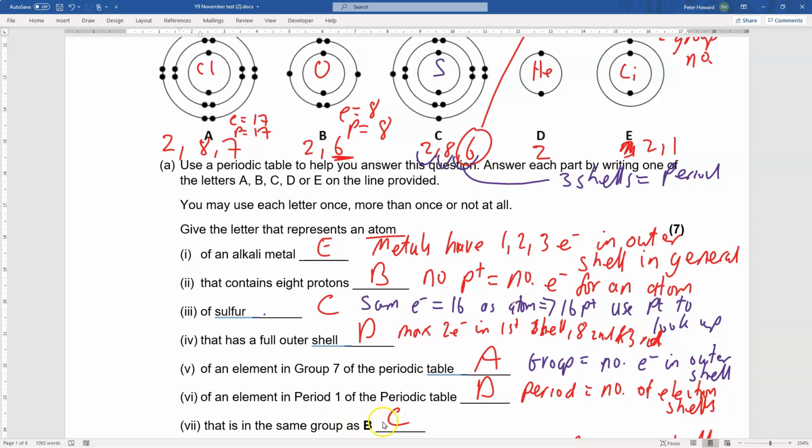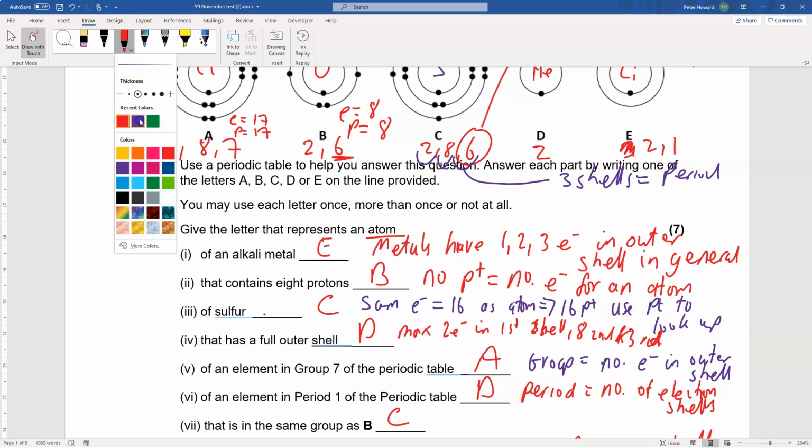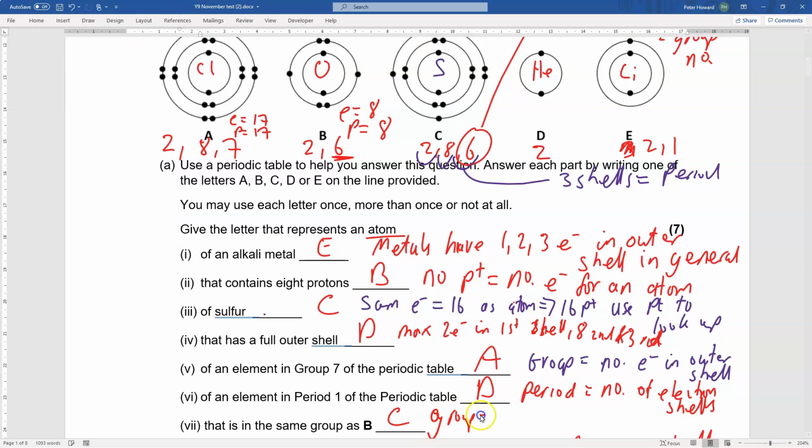If you got this one here, you could write this comment here about groups, or you could say group equals, I suppose, number E minus in outer shell.